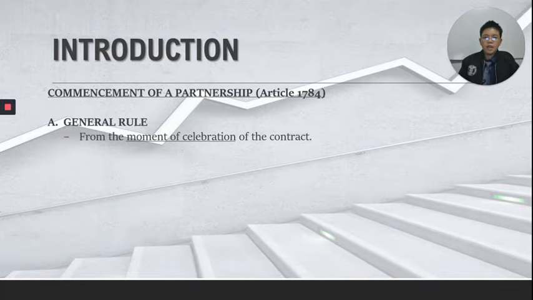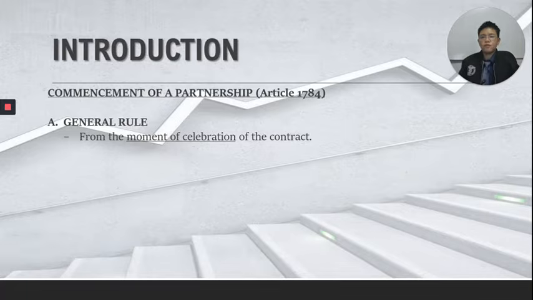Pumayag si A, pumayag si B, there's already a partnership, even if the details are not yet specified. Remember, the only exception to this is in case of a limited partnership, which requires registration with the SEC. Pagka na-register na sa SEC and the SEC issues a certificate to this effect, that is the only time that the limited partnership will commence.